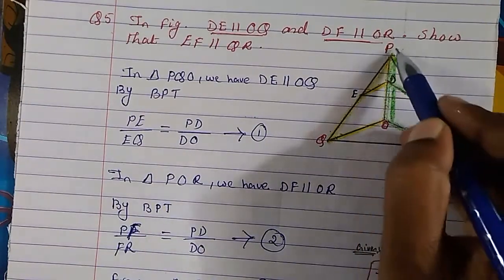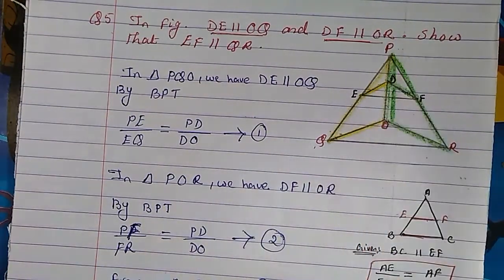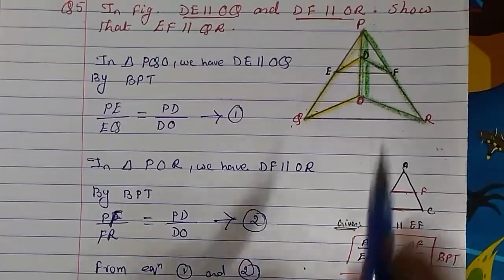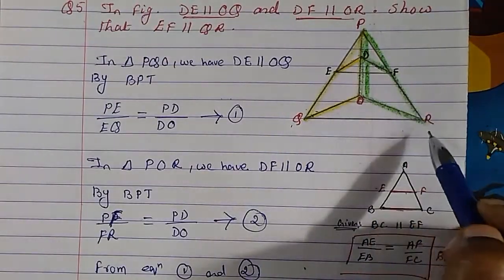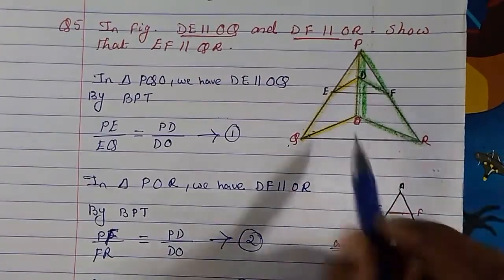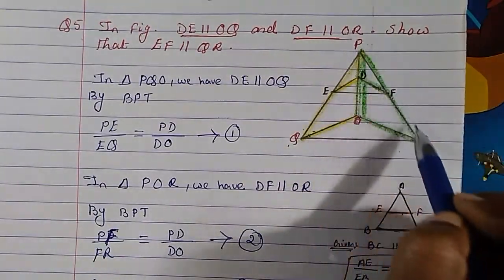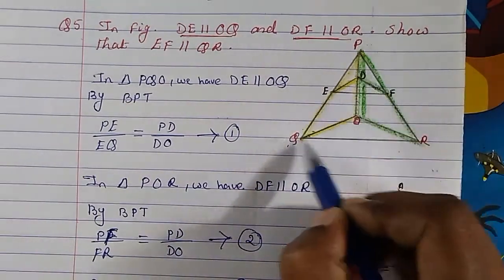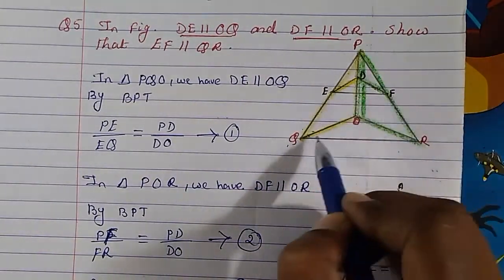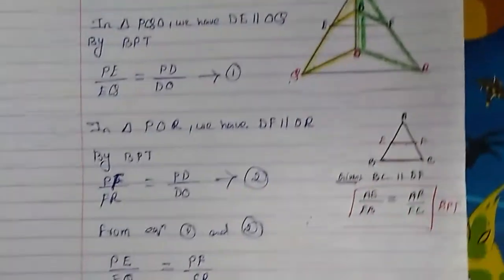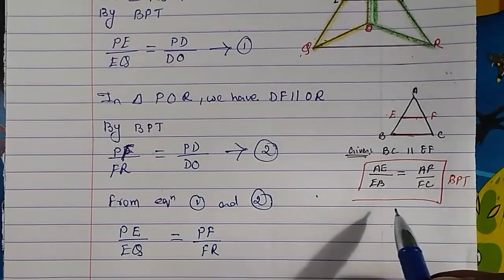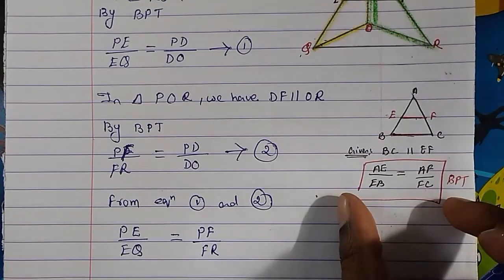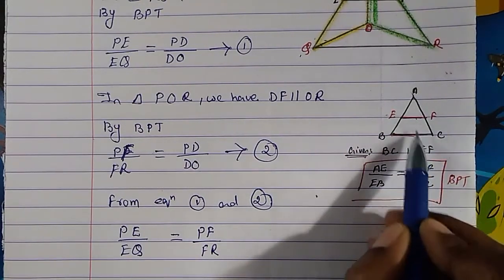Let's see now what PE upon EQ is. PE upon EQ is this yellow color side, and PF upon FR is the green color side. So that means the ratio of this side and this side is equal. That means in this triangle, this line will be parallel. That's what I said in the converse of the basic proportionality theorem: if the ratios are equal, then the lines will be parallel.